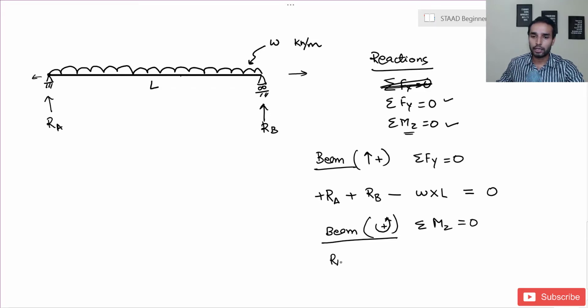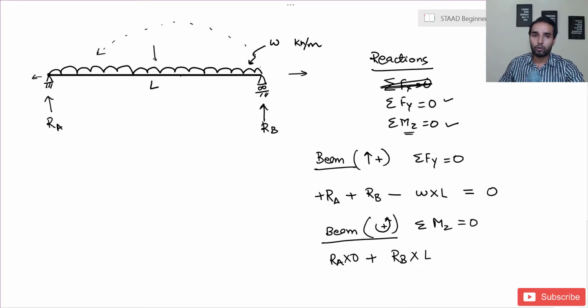So RA into 0. Now RB is going to be creating a moment in this direction, which is anti-clockwise. So it is positive RB into the arm length L.